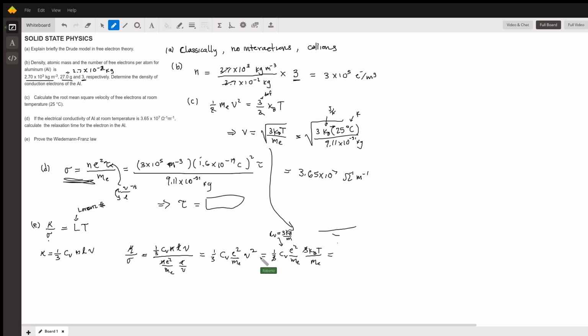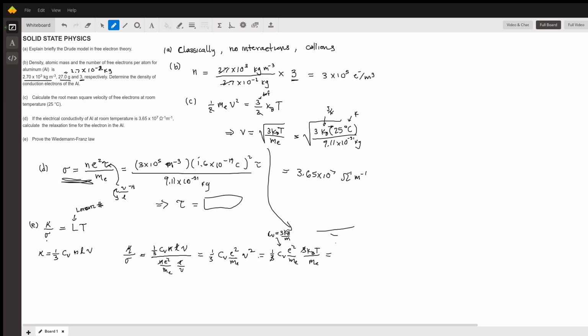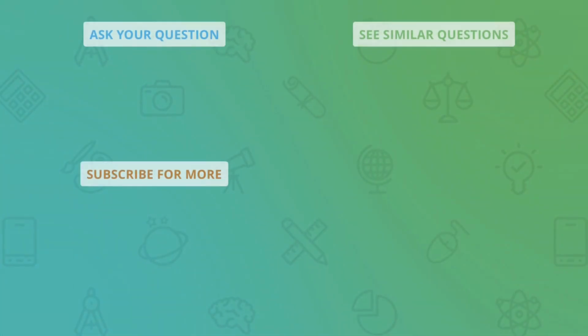So plugging in, we have in total 3 kB squared e squared over m cubed, and that is our Lorentz constant times temperature. That's it.